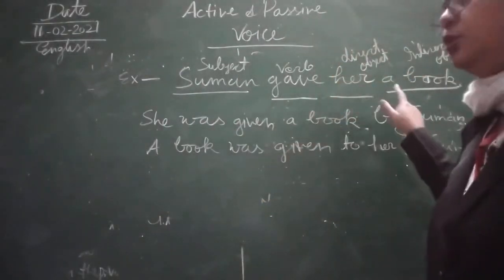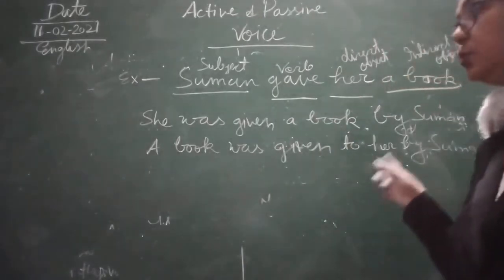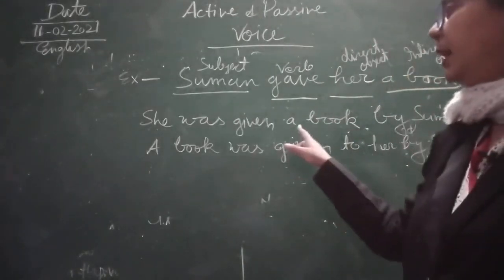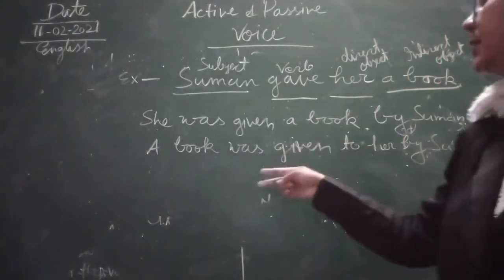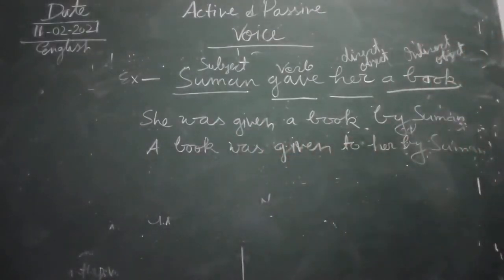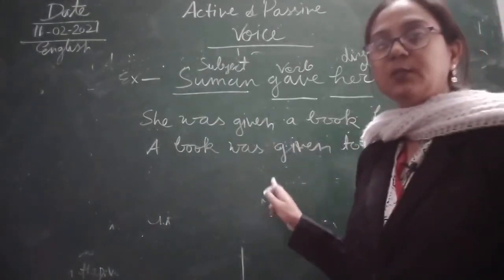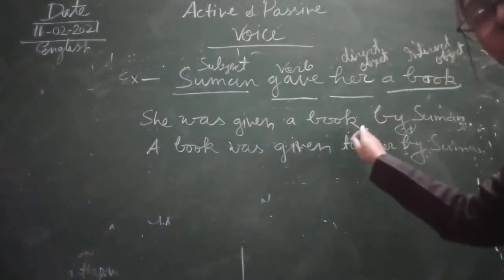Because this transitive verb has two objects, direct object and indirect object, we can write it in two ways. In passive voice: she was given a book by Suman. This is not very common, but this is also correct.